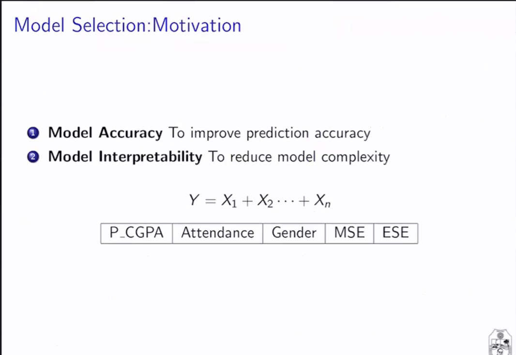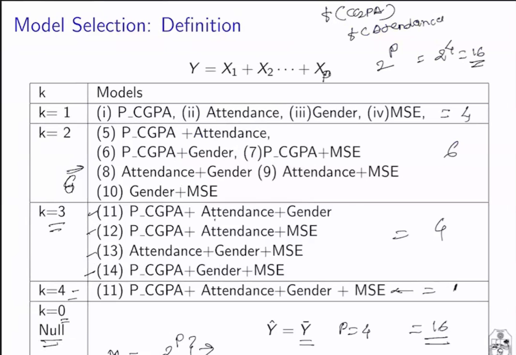Now, before discussing the model selection in detail, let us see why we need to do model selection. The purpose of model selection is to improve the model accuracy. As we know, when we use no variable, there is a very high prediction error.